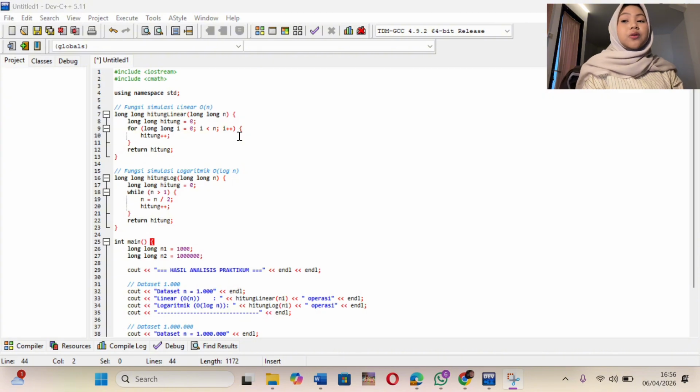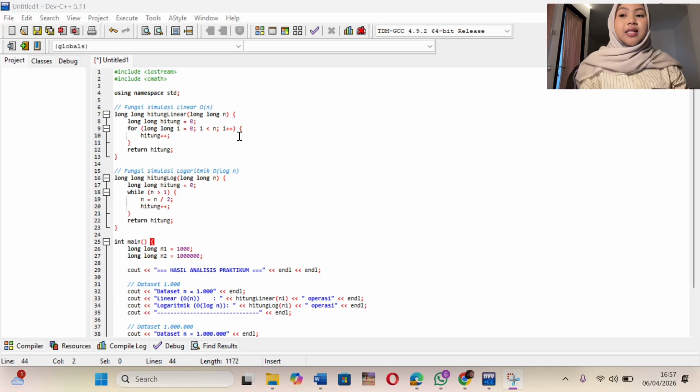As the data grows larger and larger, the gap between O of n and O of log n becomes absolutely massive. Why does this matter in the real world? Imagine you're building a search engine that processes billions of records. If you use a linear algorithm, your system might take minutes or even hours to respond.